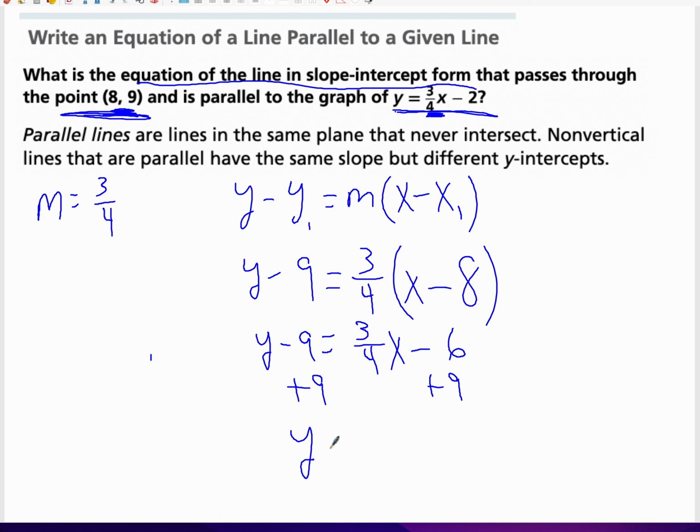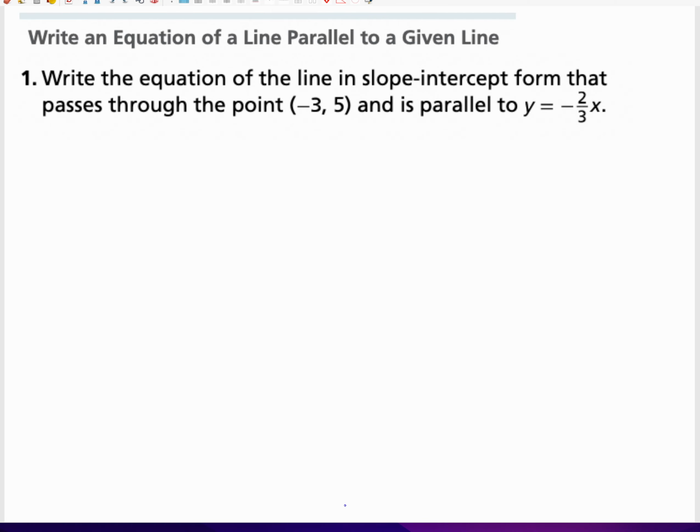So y equals 3/4 x plus 3. Negative 6 plus 9 is positive 3. I knew that. Okay, so that answered the question. That wasn't so bad. That was pretty simple. All right, let's do the next one.